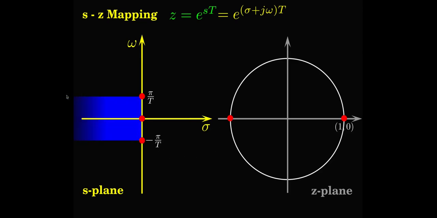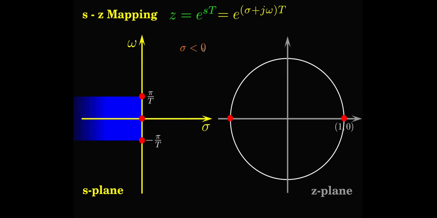If you take all the points in the area of minus pi by t to pi by t in all the left half of the S plane between these two points, they will all have sigma as negative. Sigma negative means e to the power of minus some value, which means values less than 1. So which means it has to be within the unit circle.